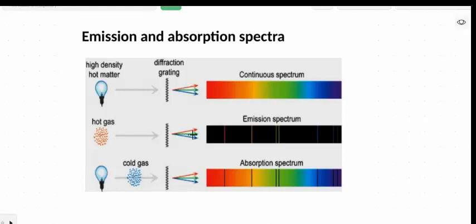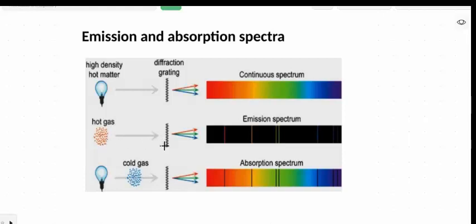The second part of this picture shows a hot gas. This is the gas inside the discharge tube, like the compact fluorescent lamps we use. When we apply voltage to it, it produces light, which comes from the gas inside the discharge tube.